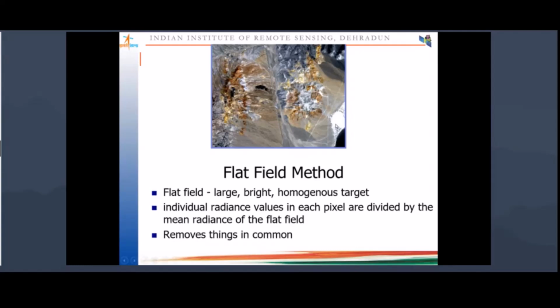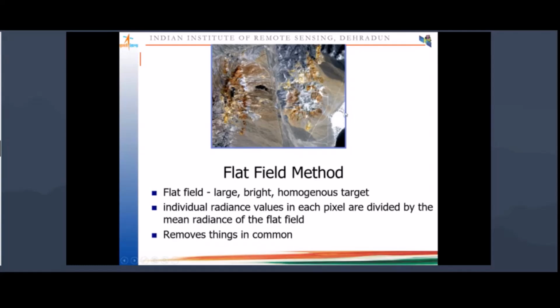Now the values will be more in the range of 0 to roughly 1 or slightly greater than 1. Right? So this is a good method, better than IARR if you have a flat field target in your image.